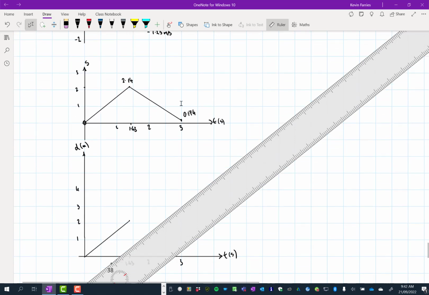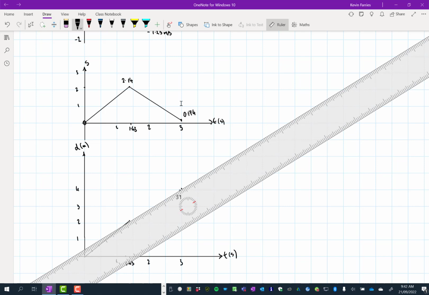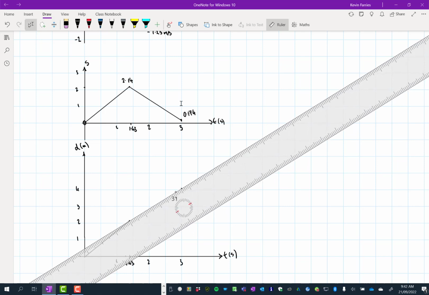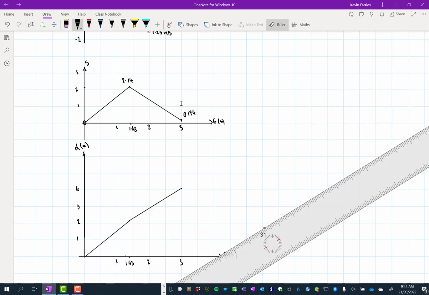So after 3 seconds, it's going to be up at 4.11 meters, which is here. And you can see the slope is a bit lower because the speed is a bit lower. So this here was 2.14 meters, and this was 4.11 meters. I've already indicated that time. And so that's my distance time diagram.